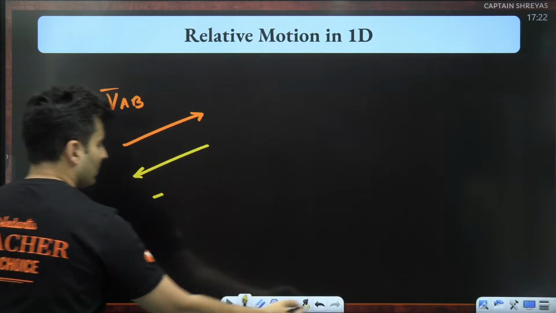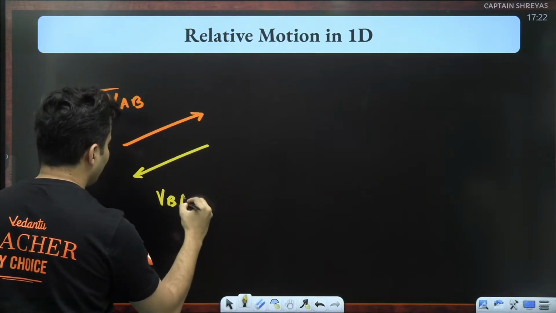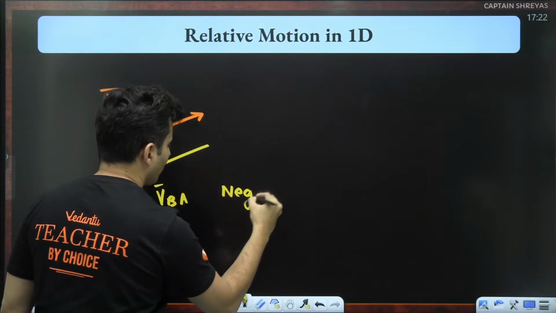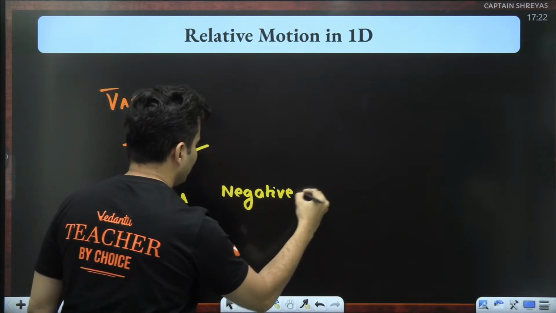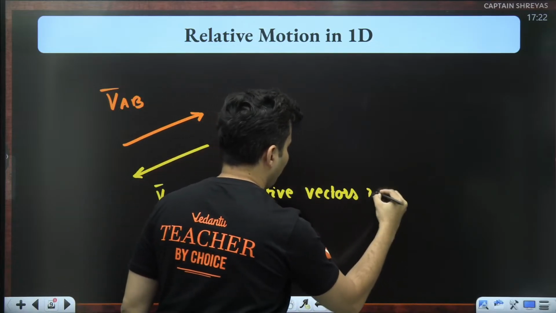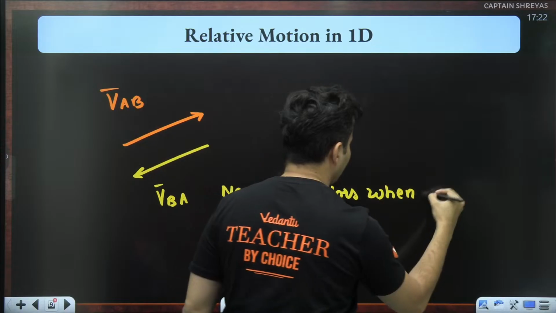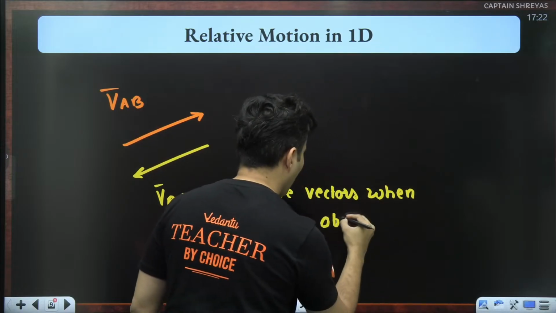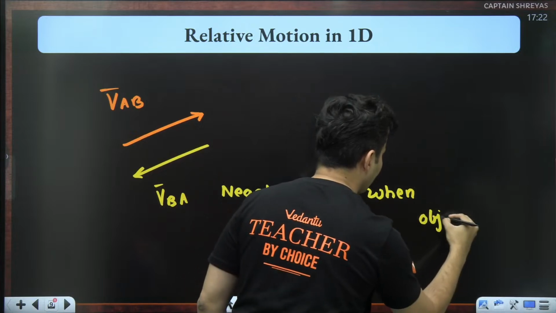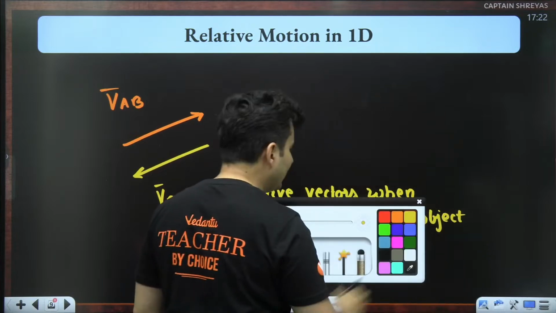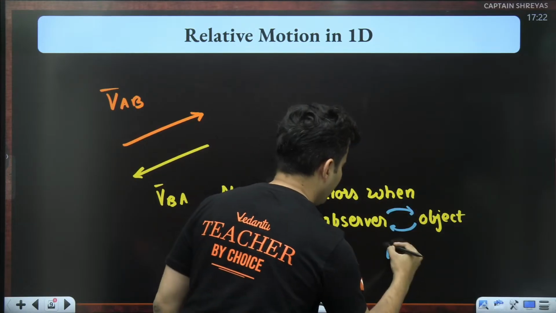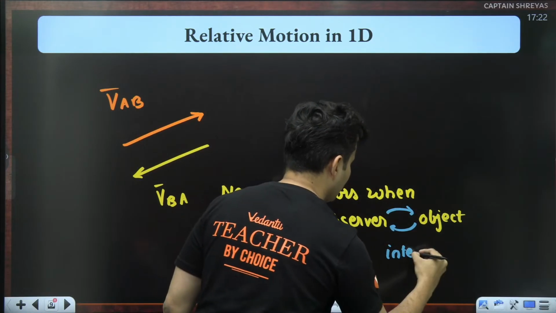This will be velocity of B with respect to A. You can see they are just negative vectors when your observer and your object are interchanged.